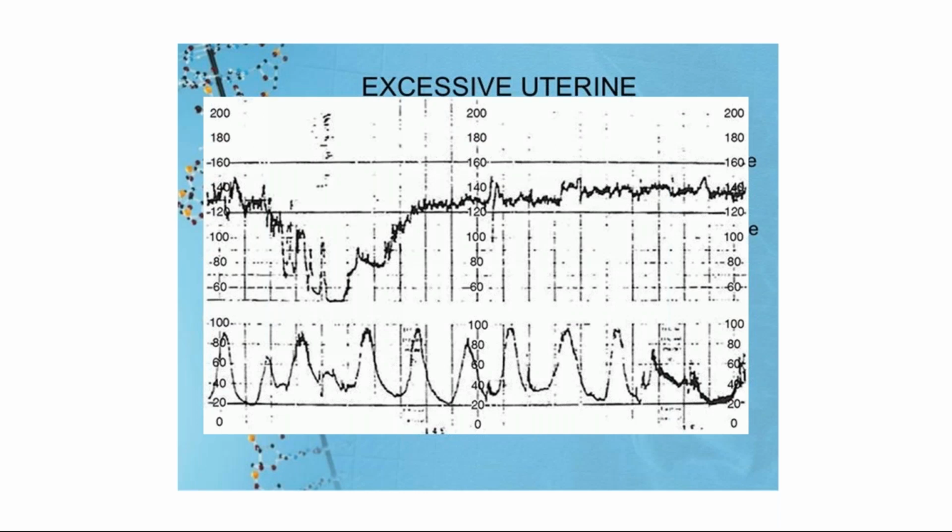Though CTG and EFM were started in the 1960s, almost 4 decades now, still there is no standardized terminology. There is so much inter-observer and intra-observer variability. And 60% are false positive.